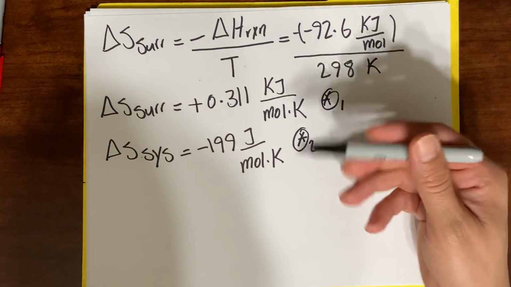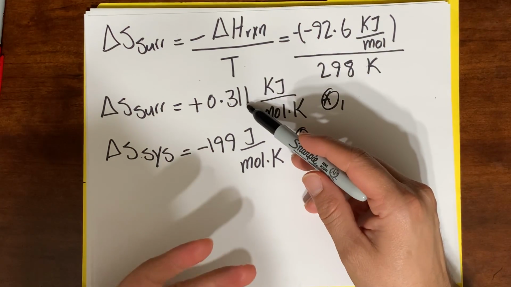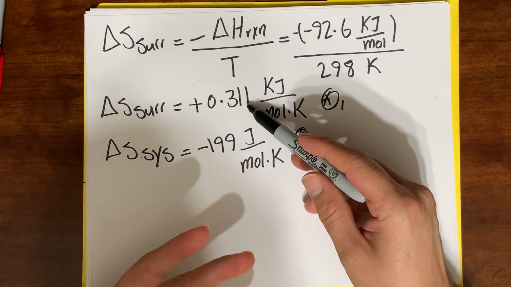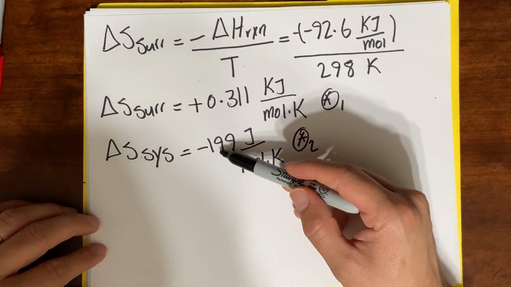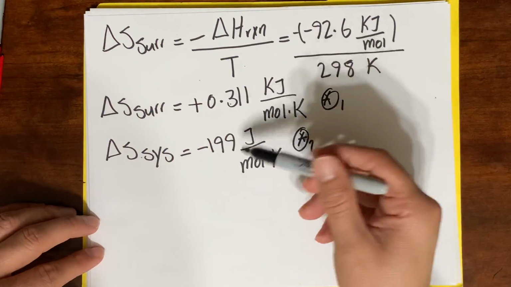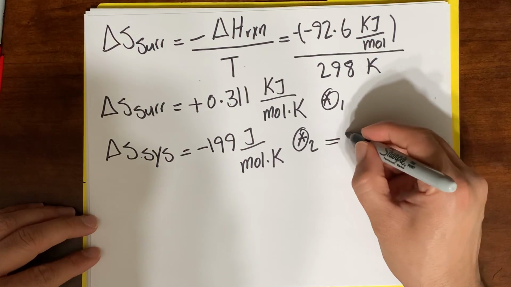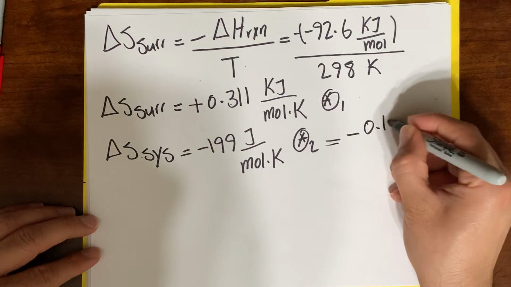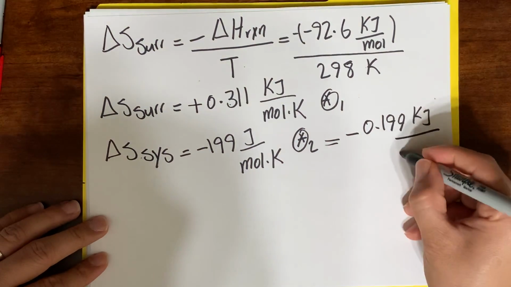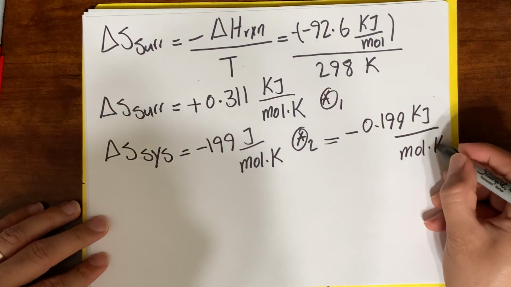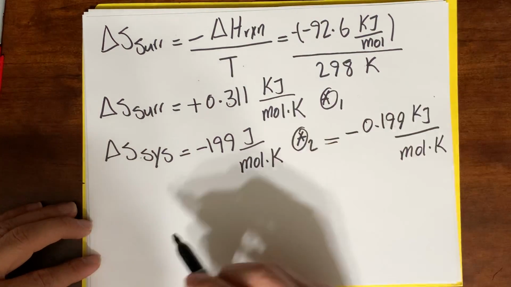I need them to be the same unit. So one way is to transfer the first one to joule, or the second one to kilojoule. I'm going to divide this one by 1,000 to get it in kilojoule, which gives minus 0.199 kilojoule per mole Kelvin.